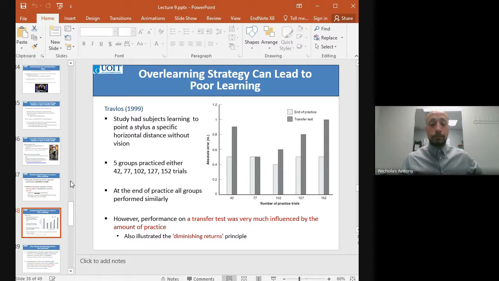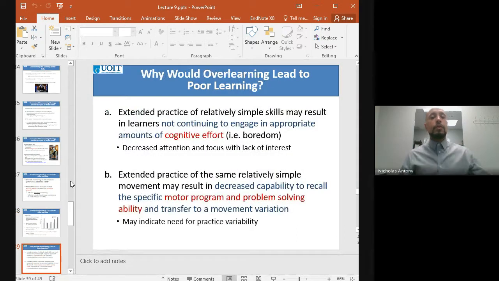Everyone gets it? Awesome. Okay. And so again, here we have the reasons why overlearning can lead to poor performance. You're not engaging in cognitive effort, and then you can develop bad habits. And you're losing that problem-solving ability.